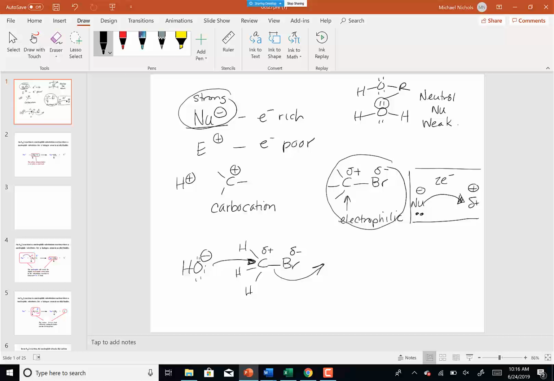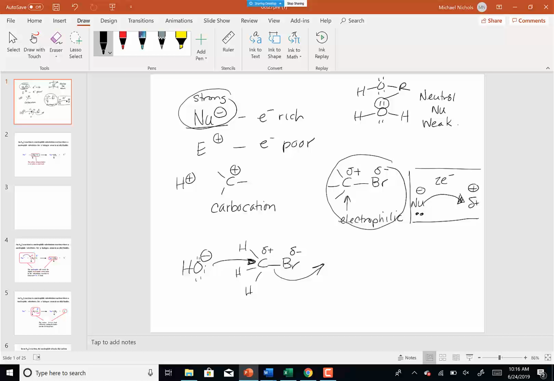bond is breaking, and you could already say that the bromine has a good chunk of the electrons from that carbon anyway, because it was delta minus, and that's what was making the carbon delta plus to begin with.